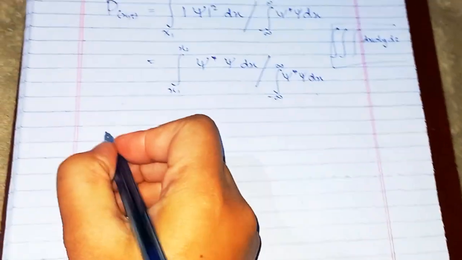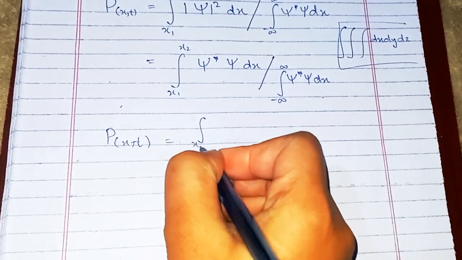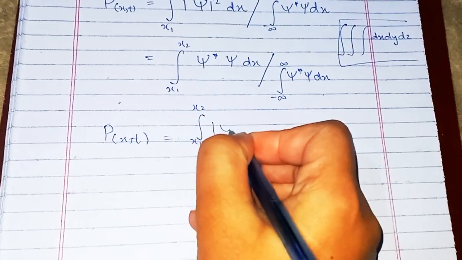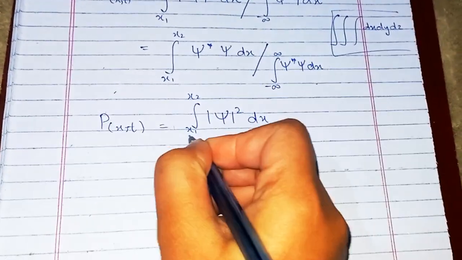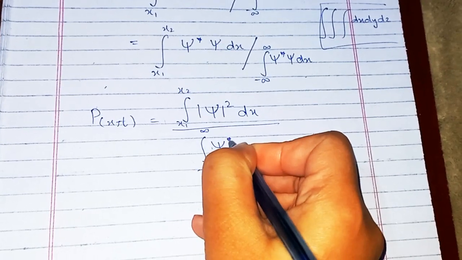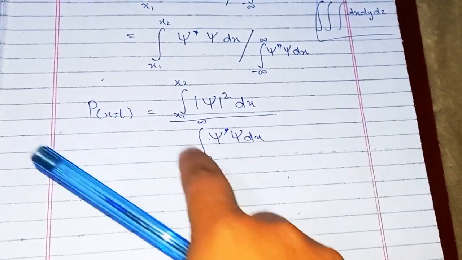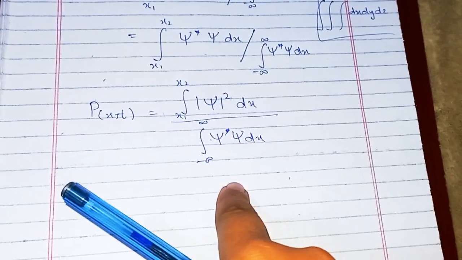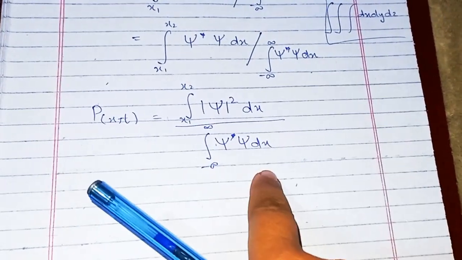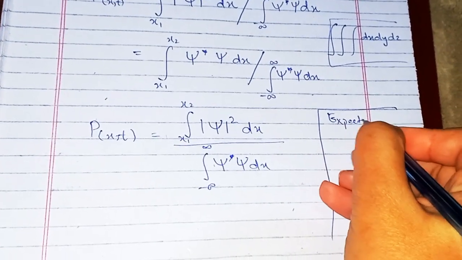But in general, you will remember this formula for probability, and this term is actually the normalization integral, and it always appears in all these formulas of finding out the expectation value.